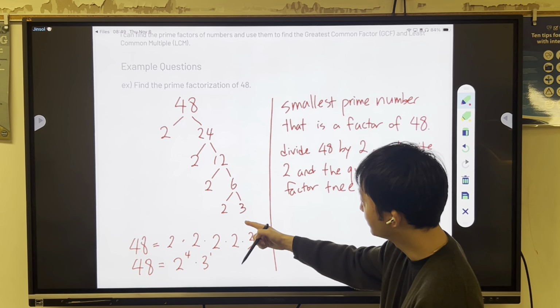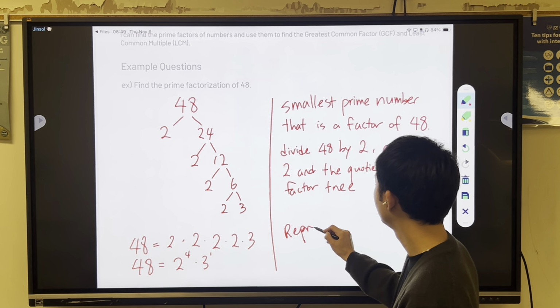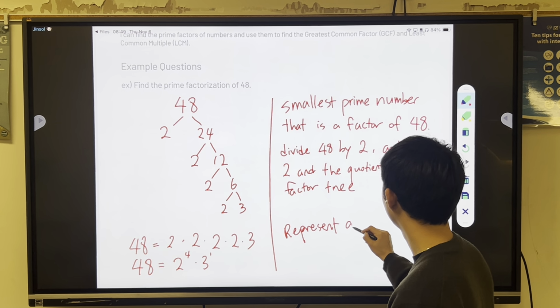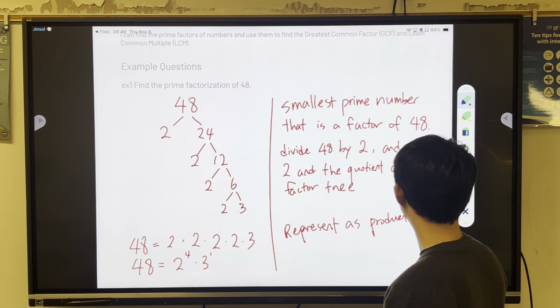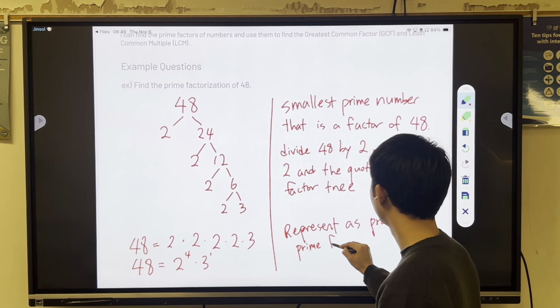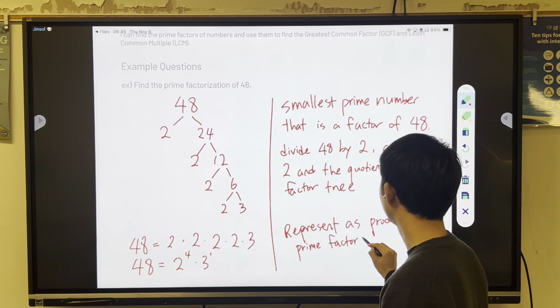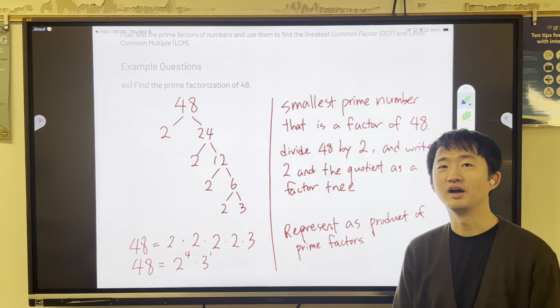And then after we're done, we write that as a product of prime factors. So that's how we prime factorize a number.